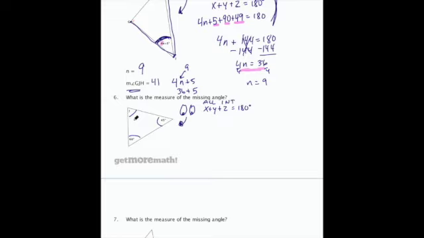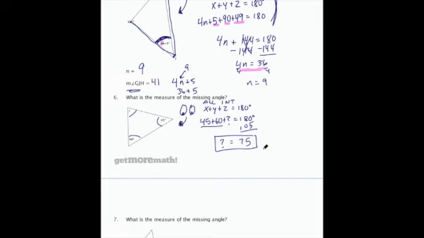This is one of the ones with the question marks, those tend to be a little easier. So I got 45 plus 60 plus question mark equals 180. Oh, this is just one of those where I add them up and subtract from 180. So that's going to be 105. And 180 minus 105 is 75. So question mark equals 75. You just put in 75. Don't even have to put in the question mark.